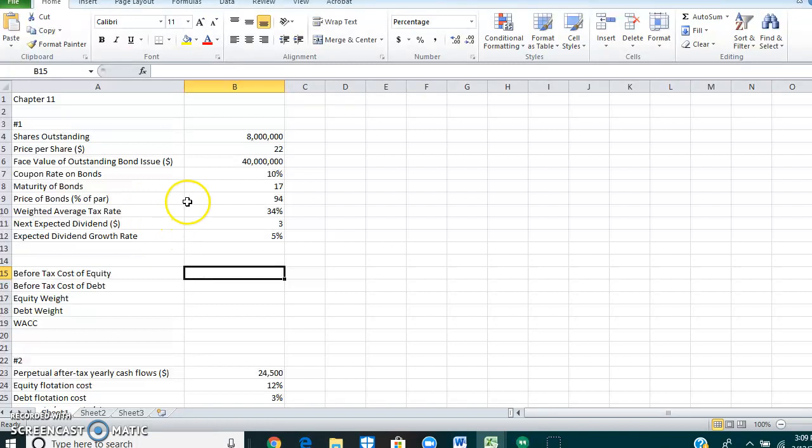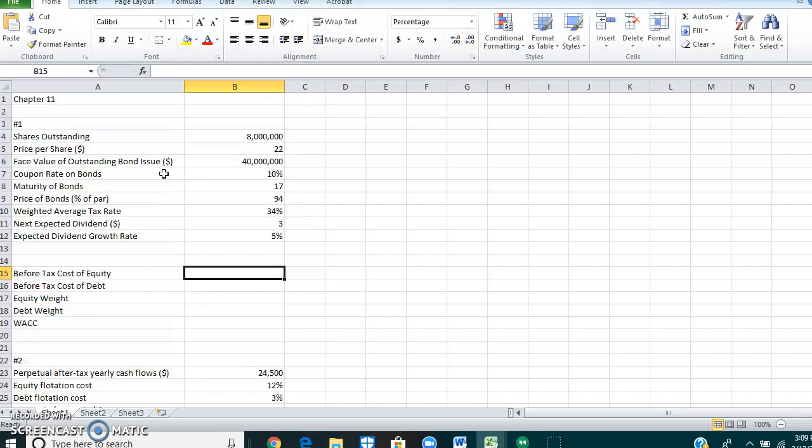So the information that we have for problem 1 is shares outstanding, price per share, face value of outstanding bond issue, coupon rate on bonds, maturity on bonds, price of bonds, which is percent of par, weighted average tax rate, next expected dividend, and expected dividend growth rate.